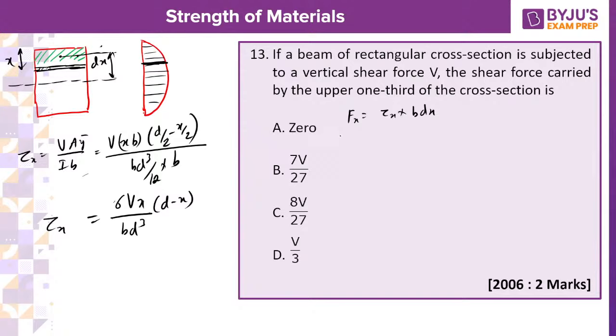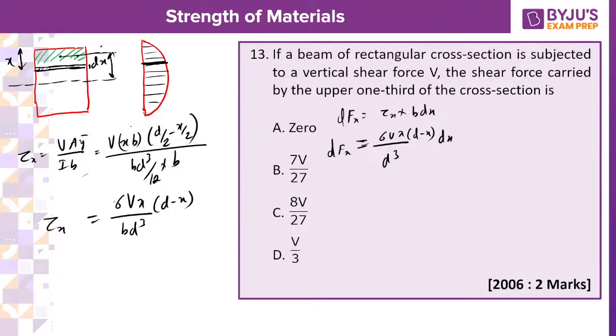Write it down: 6Vx (d minus x) divided by bd cubed, b will get cancelled, so directly d cubed and dx. That is the force created by this small thin area dx, where I have taken the width as dx.